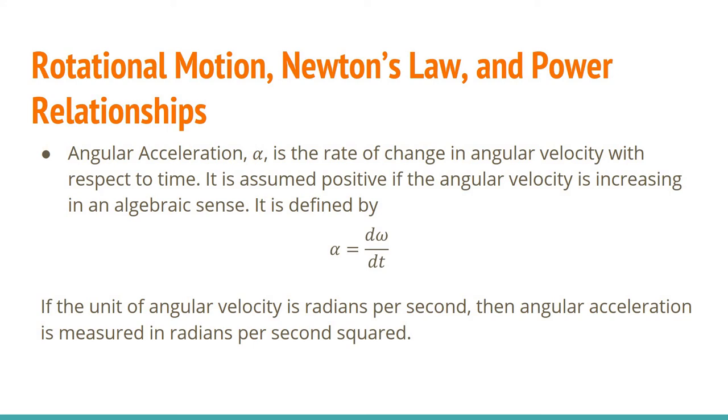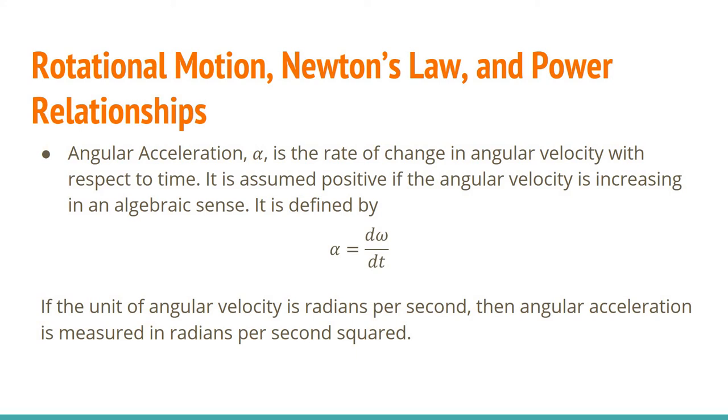It is the rate of change in angular velocity with respect to time. If you answer this in your pre-test, that one sentence is actually enough. It is assumed positive if the angular velocity is increasing in an algebraic sense.